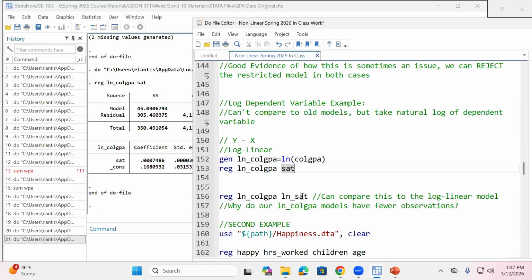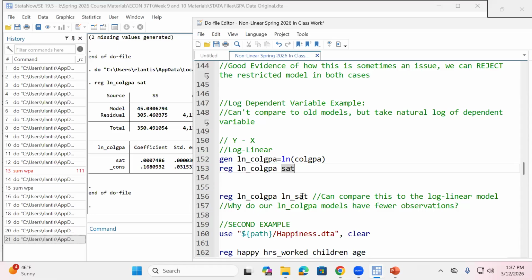But if I'm going from a percentage to a percentage, do I need to do any conversion? No. So it's now a percentage change of beta 1. If there's a 1% change in SAT score, it would cause that predicted GPA to change by beta 1%.